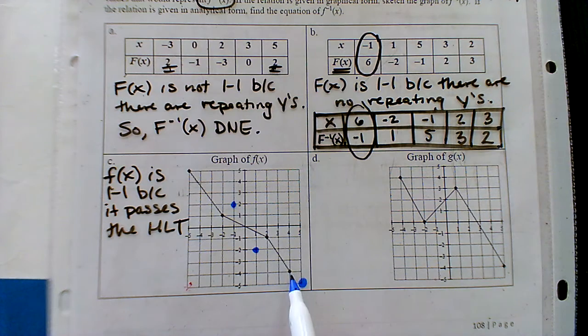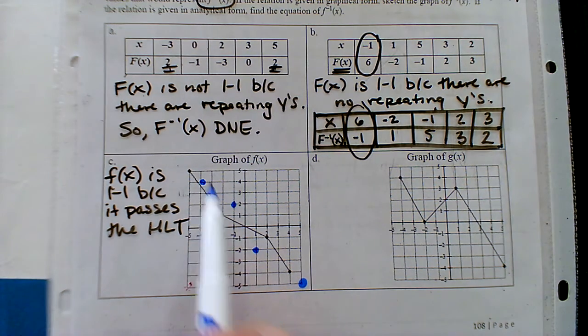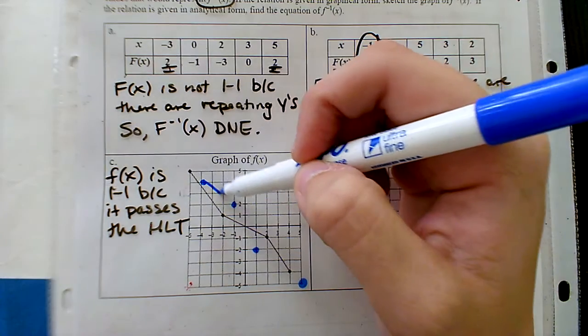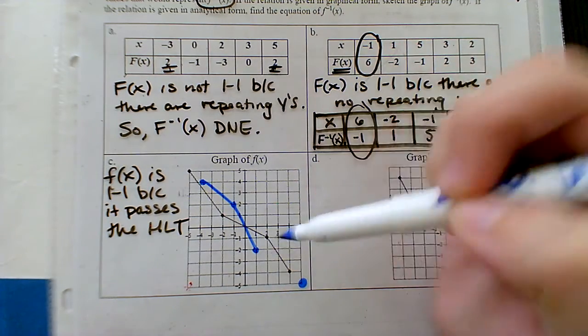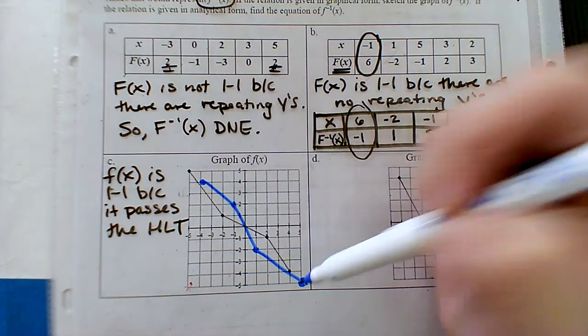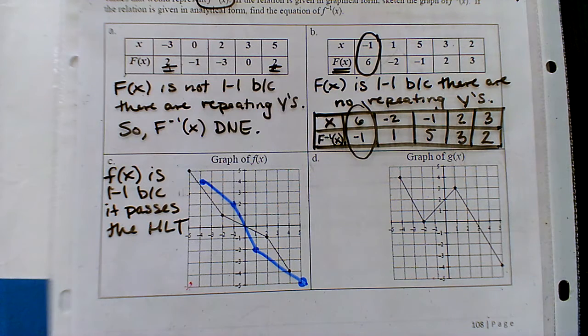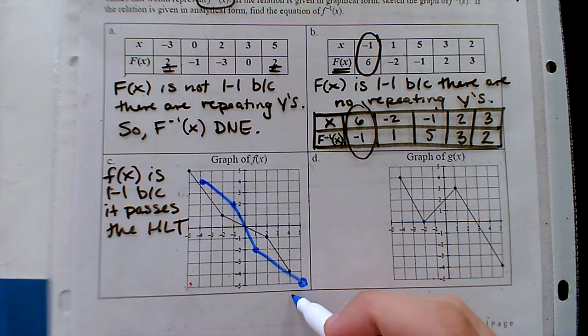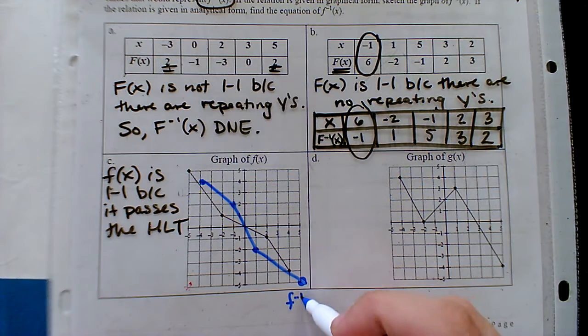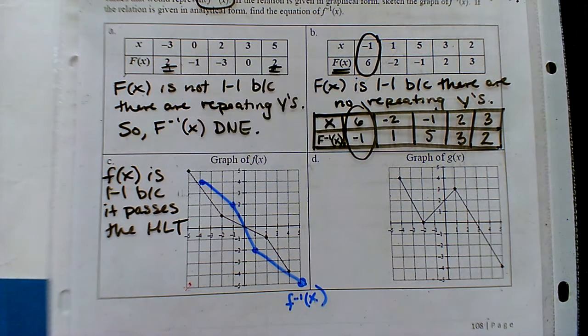And the last one, 4, -4, switch them. We get -4, 4. So if we connect the dots in straight lines like what was used before, that is our inverse graph, our inverse function. So let's go ahead and label it appropriately. We would say this is f to the -1st.